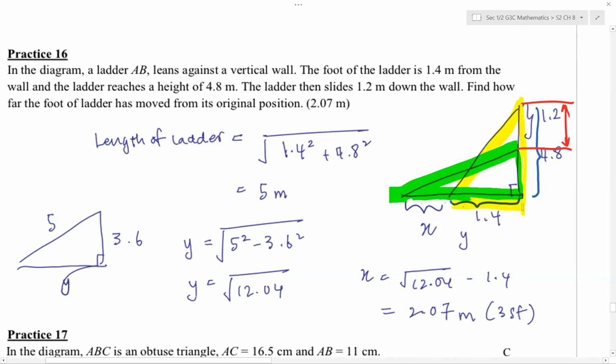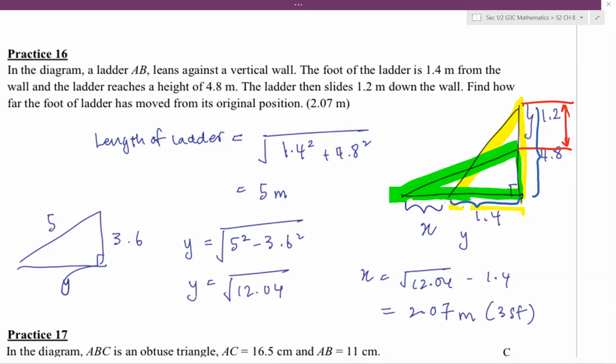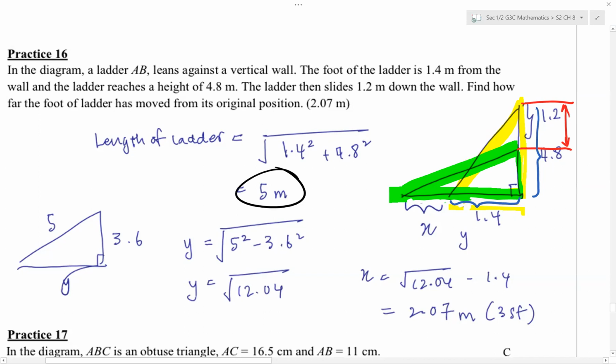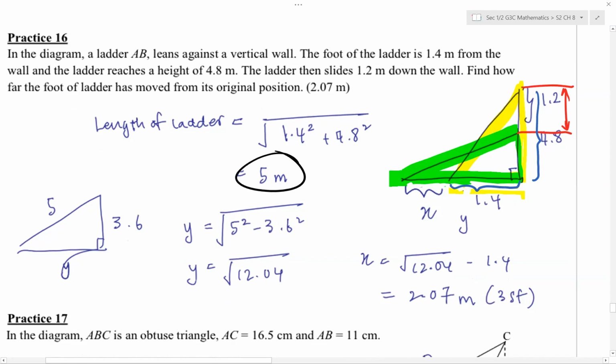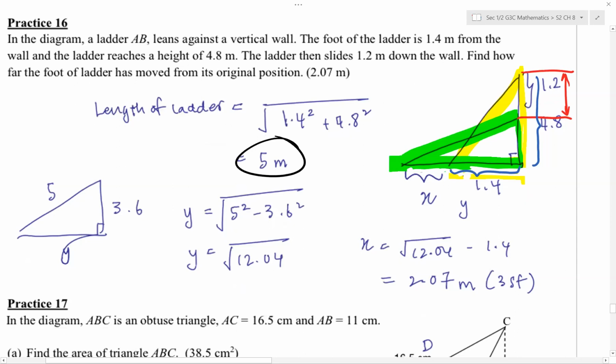So looking at the yellow triangle, we see that I've got a base 1.4, the vertical height 4.8. So I can get the length of the ladder already. So length of the ladder 5 meters. Nothing special about that. Then now we focus on the green triangle. The length of the ladder is still 5 meters.